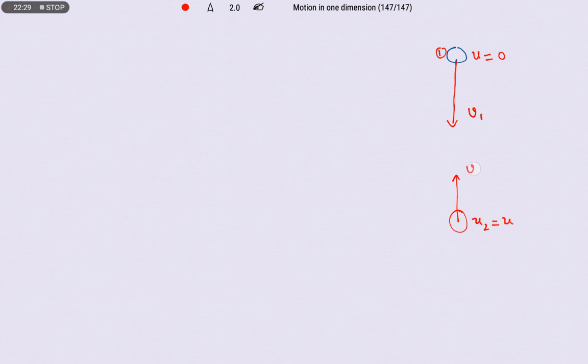So now they are asking the time after which their velocities are equal in magnitude.